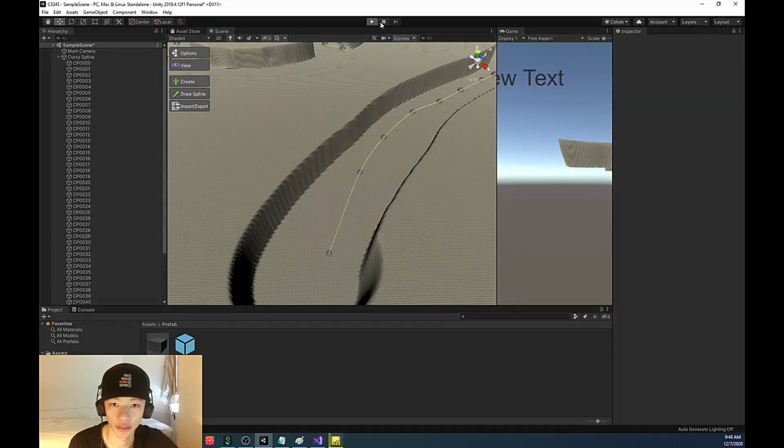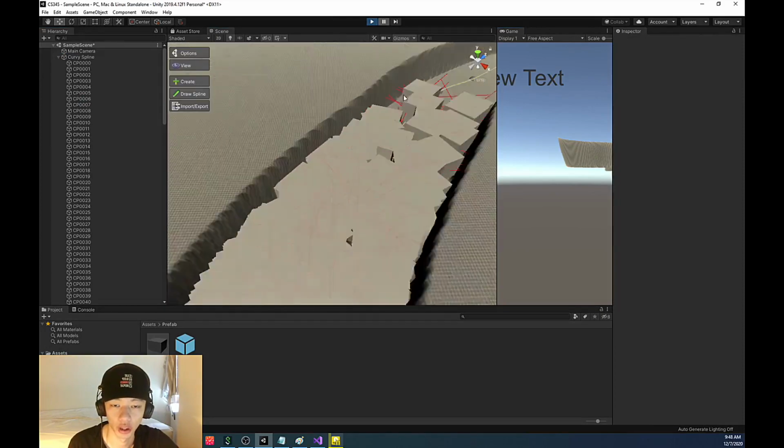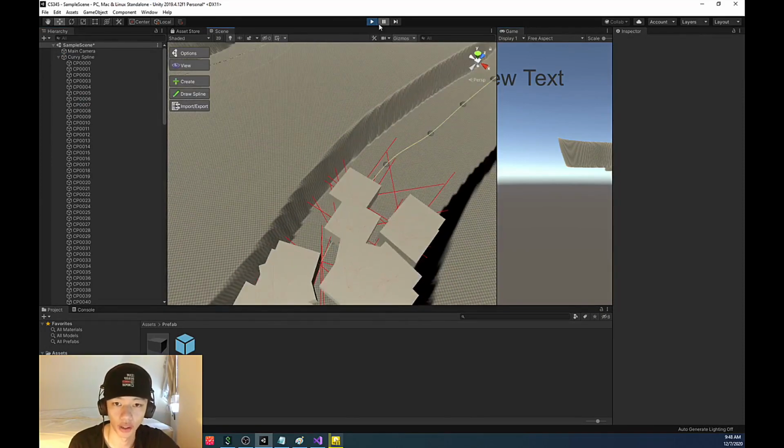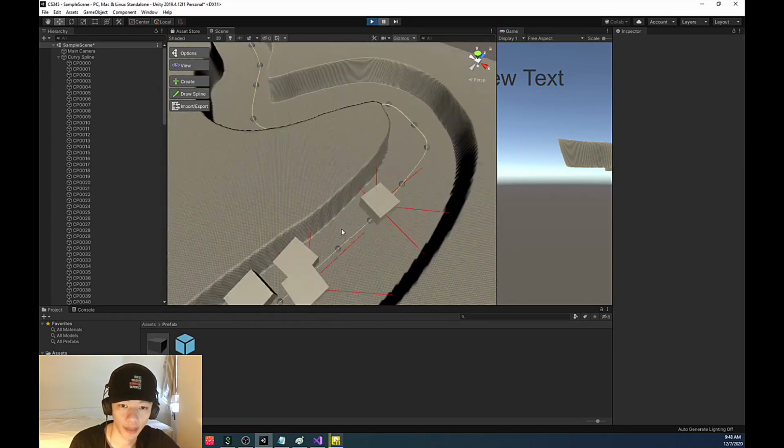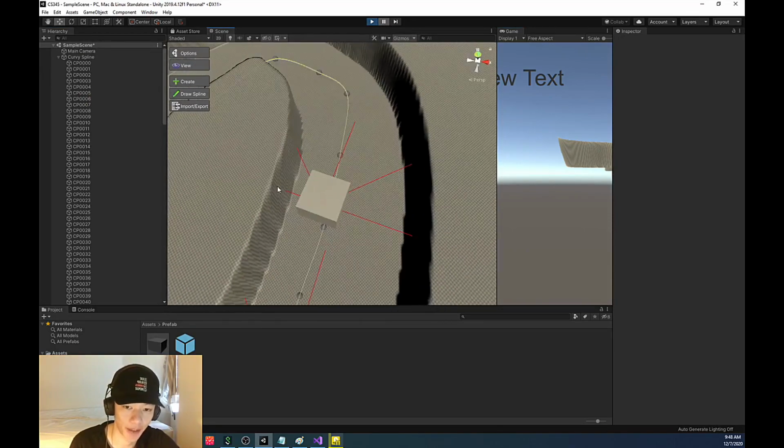For these cars, you can see the 5 red lines, and these 5 red lines are the distance sensors, and all these 5 sensor values will be fed into our neural network.